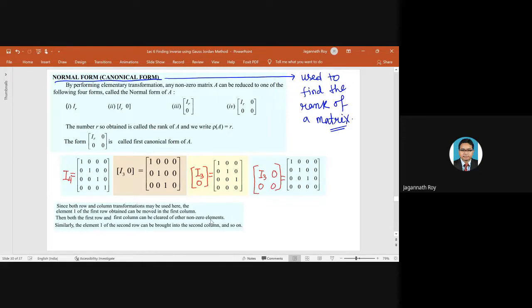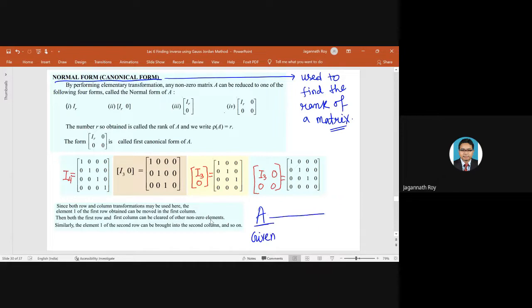Case 1 is IR, or it can be of this form, or it can also be in this form, or it may have this form. So these are the four possible cases of a normal form of a matrix. Given a matrix A, a matrix is given.